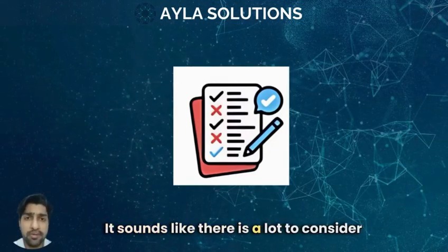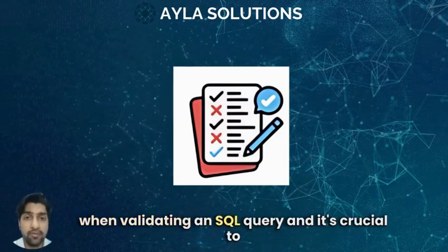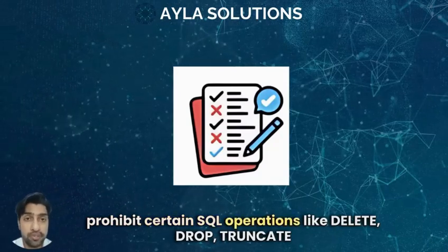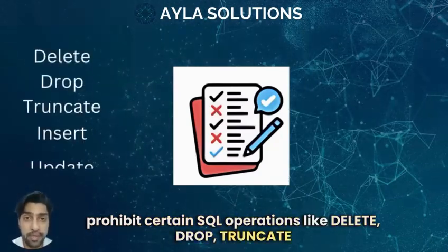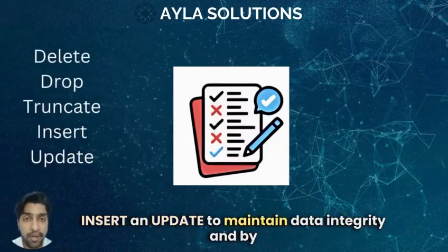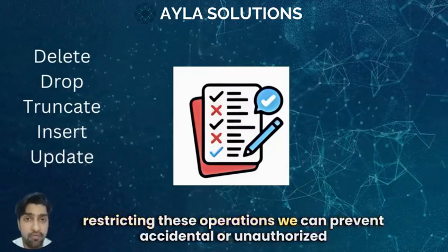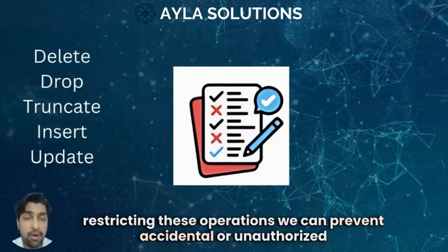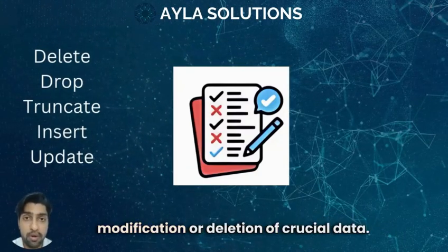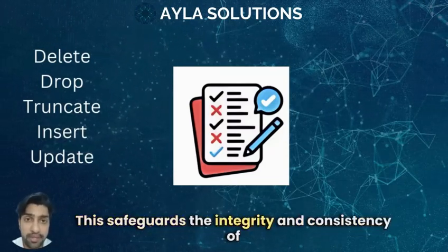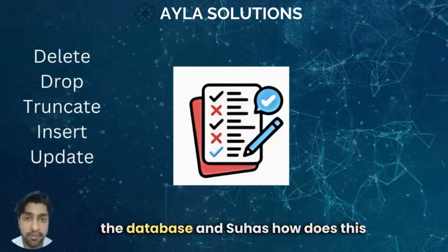It sounds like there is a lot to consider when validating an SQL query, and it's crucial to prohibit certain SQL operations like delete, drop, truncate, insert, and update to maintain data integrity. And by restricting these operations, we can prevent accidental or unauthorized modification or deletion of crucial data. This safeguards the integrity and consistency of the database.